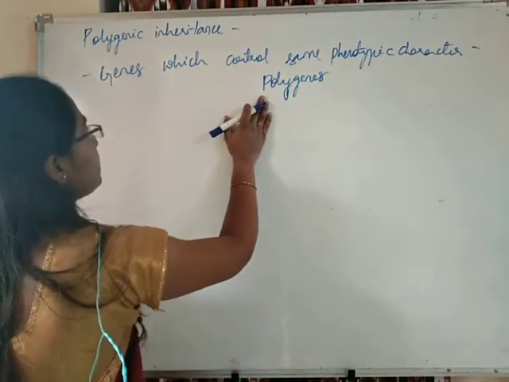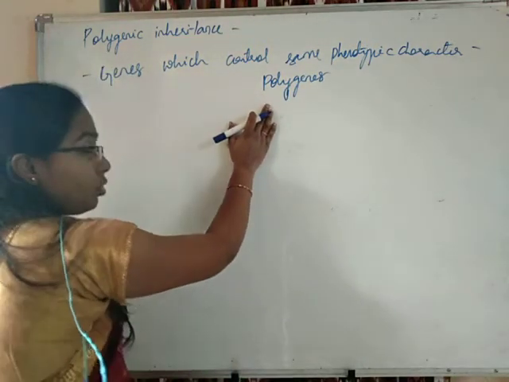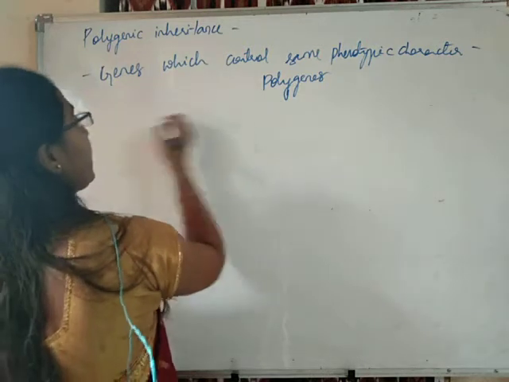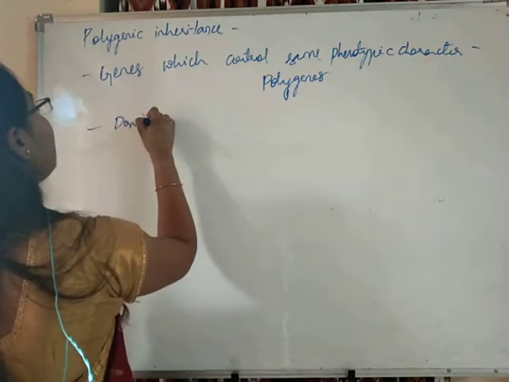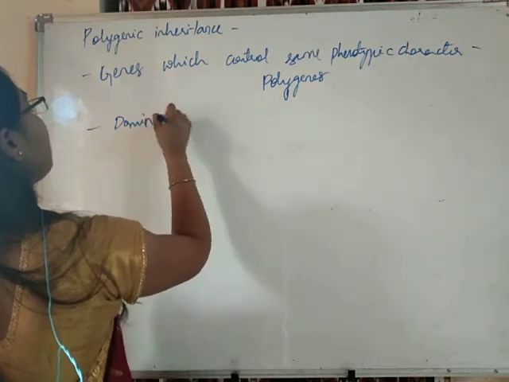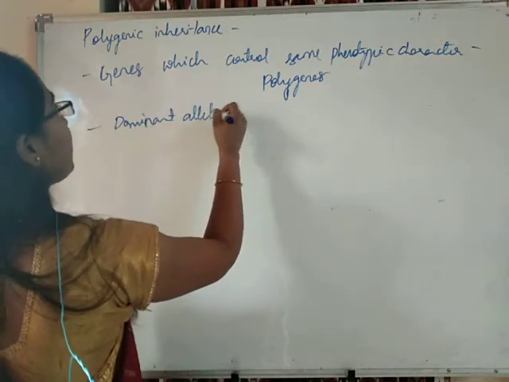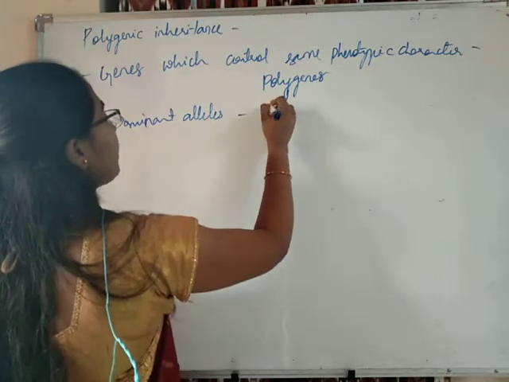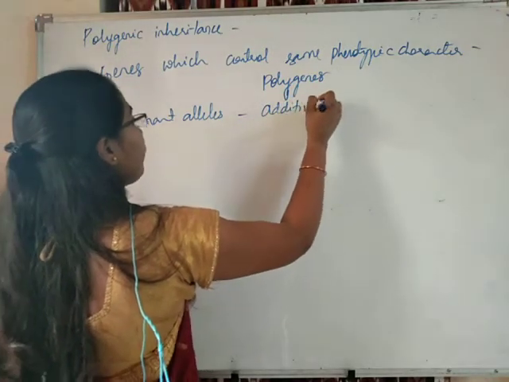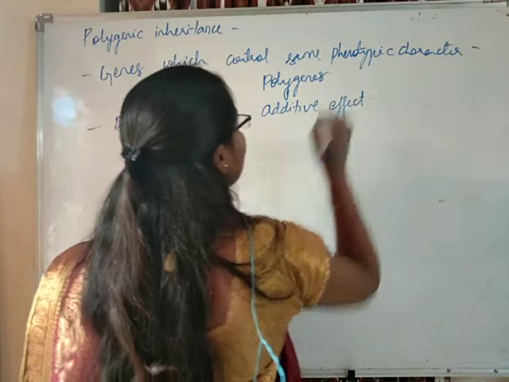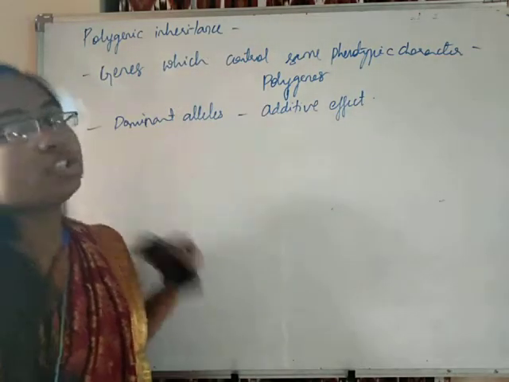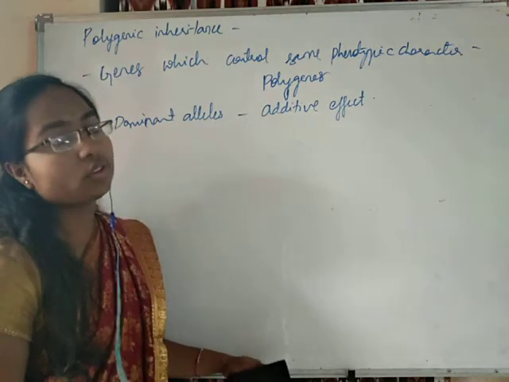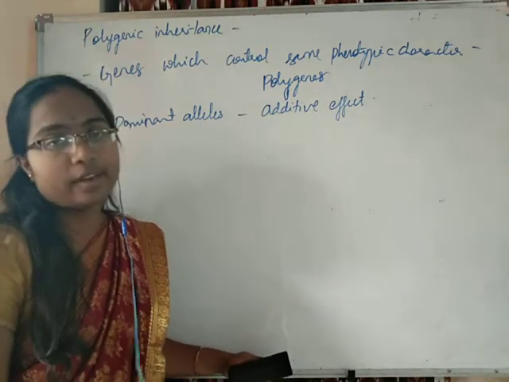These polygenes have an additive effect. The dominant alleles in the case of polygenes have an additive effect, or a combining effect.